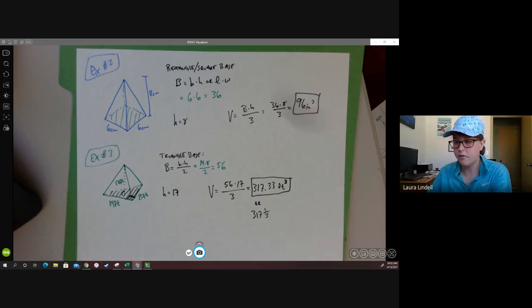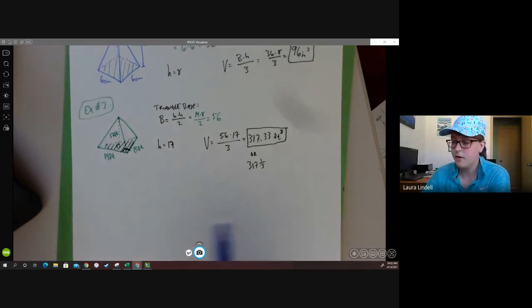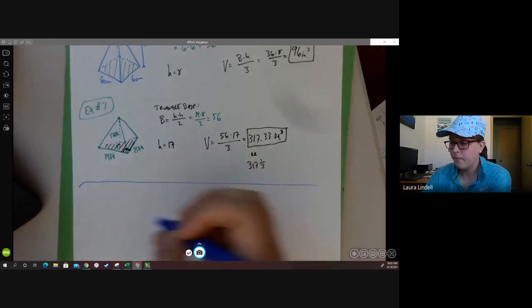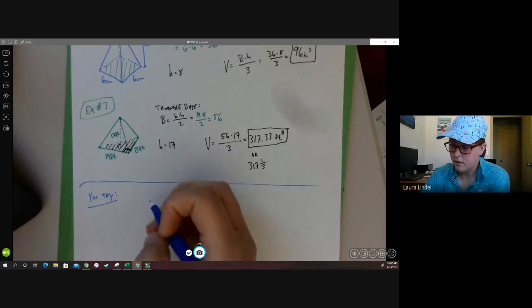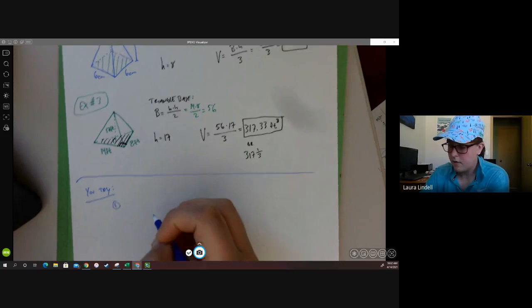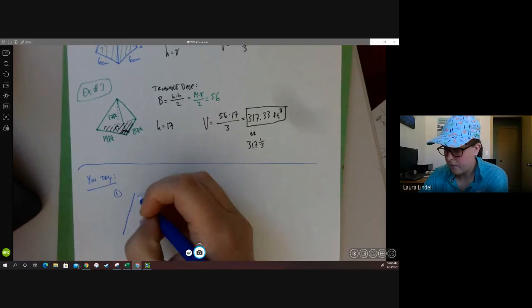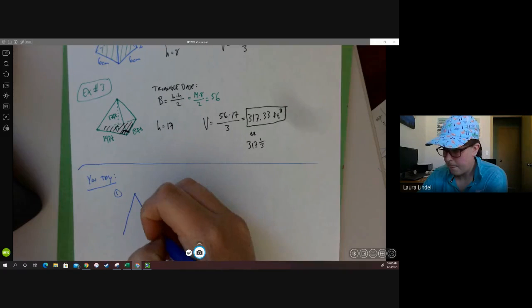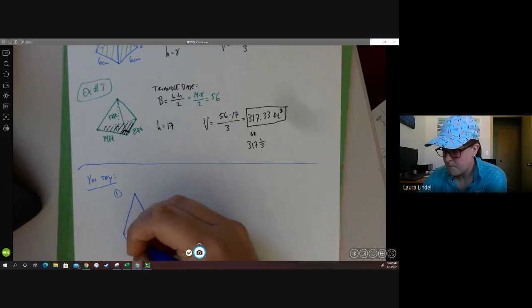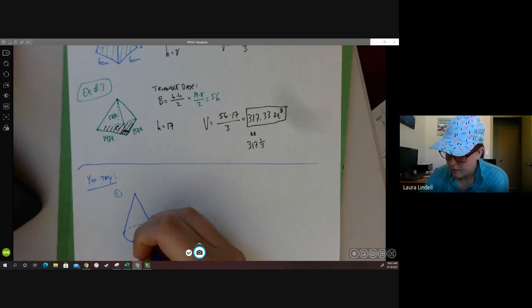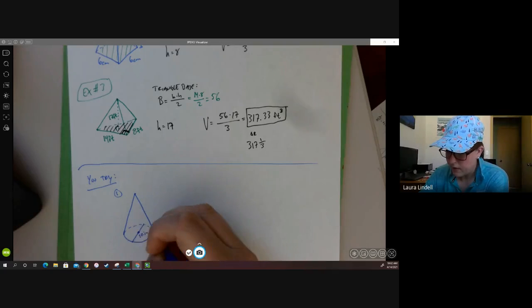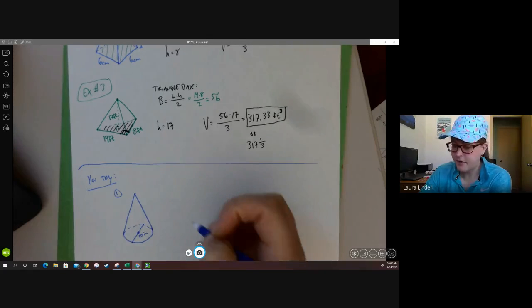Then I'm going to have you guys try 1 or 2, and then we'll get on our way here. This one has a diameter of 10 inches.